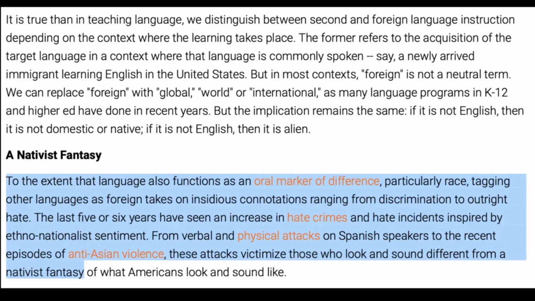The last 5 or 6 years have seen an increase in hate crimes and hate incidents inspired by ethno-nationalist sentiment, from verbal and physical attacks on Spanish speakers to the recent episodes of anti-Asian violence. These attacks victimize those who look and sound different from a nativist fantasy.